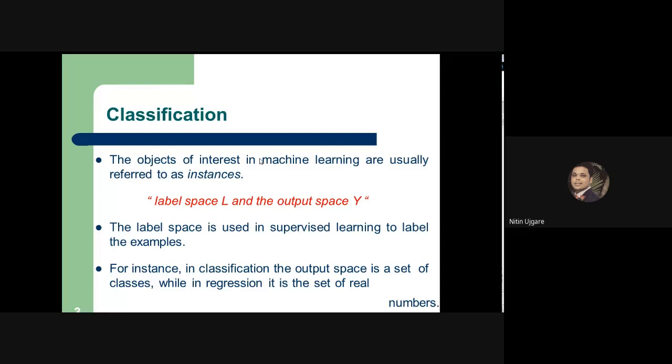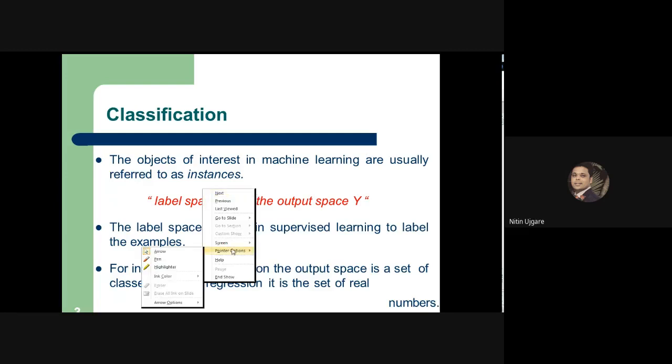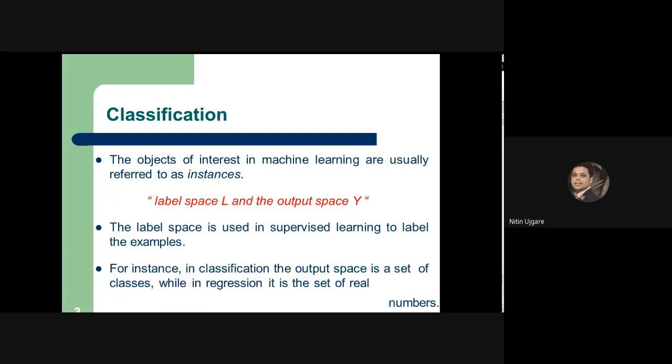A very important part of any machine learning process is the data samples, which we can call the instance space. What is an instance? Instances are the objects of interest in machine learning, and they are usually referred to as instances. Then the possible group of instances is called the input instance space.